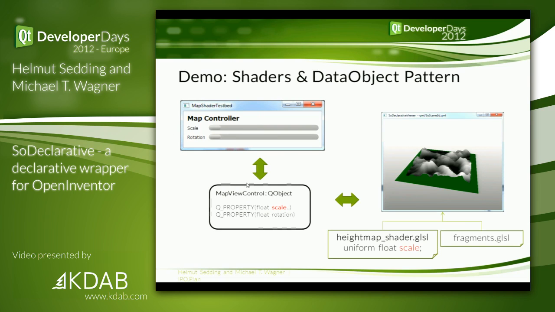We've got a QML GUI element, just traditional, and we've got a 3D scene with a shader, which shows some height values and scales them with this scale property, right? And we've got a rotation element which rotates the landscape using this rotation property.